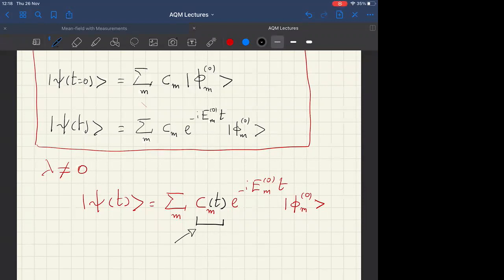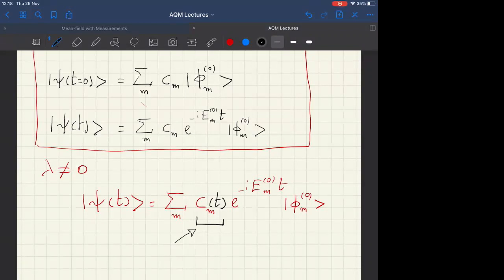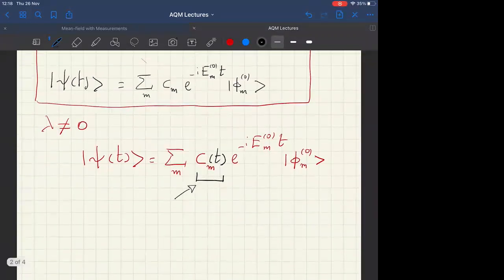Sorry, Professor? Yes. In the case when lambda is different from 0, I think the time evolution becomes exponential minus i E n, not E n 0. Because the Hamiltonian is not H0.